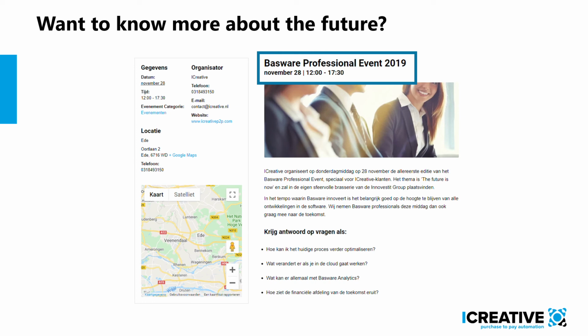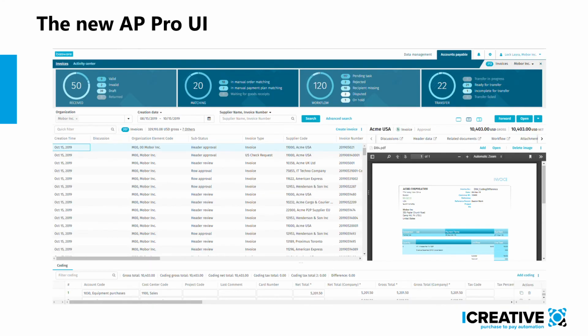So how do we see it? But of course, there's always room for discussion. So how do you see it? And how can we help each other about the new AP Pro, but also the new AP automation? And of course, the same as I said for the other features, if you have questions about this, don't hesitate to send an email to me.